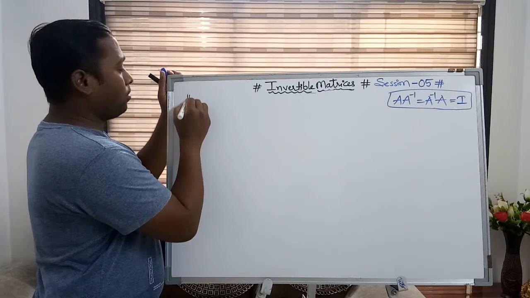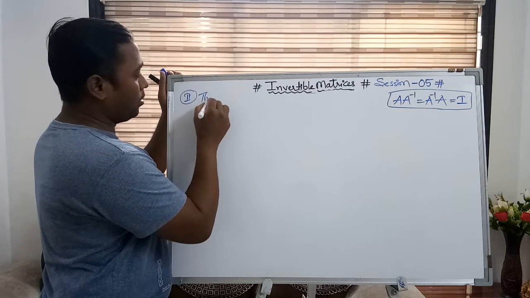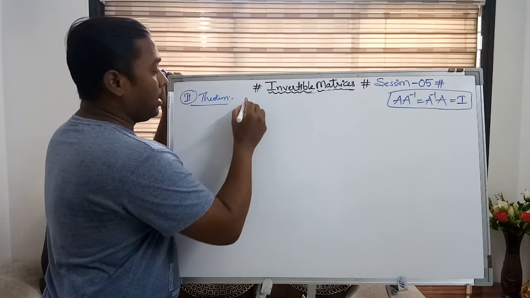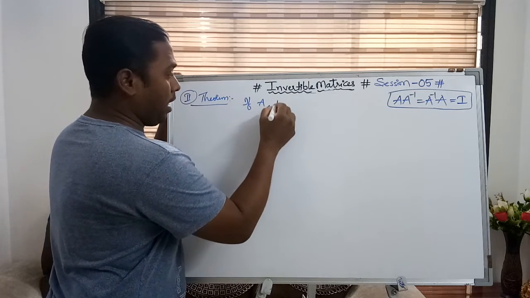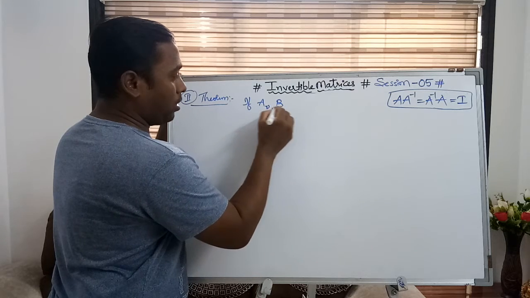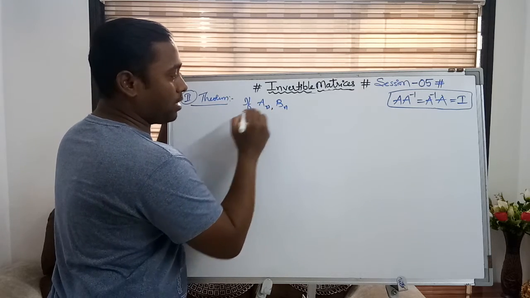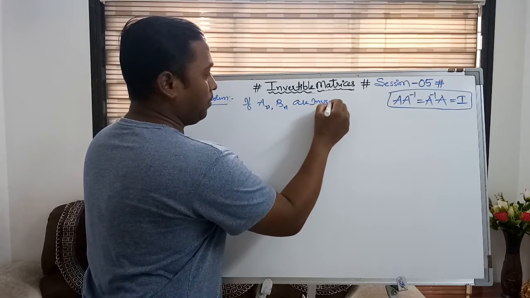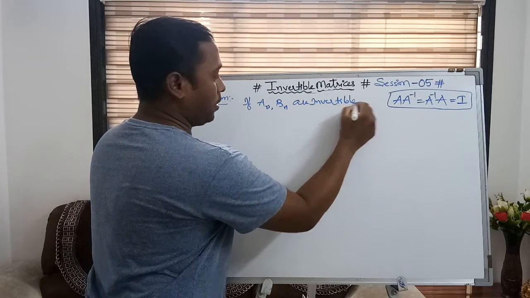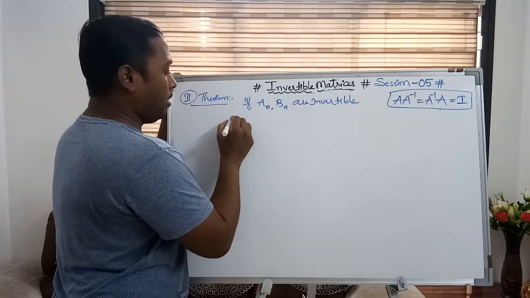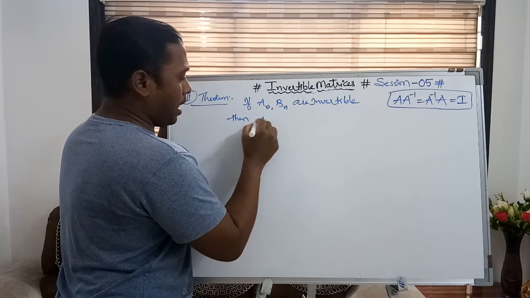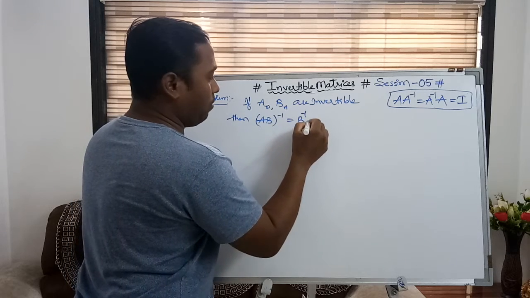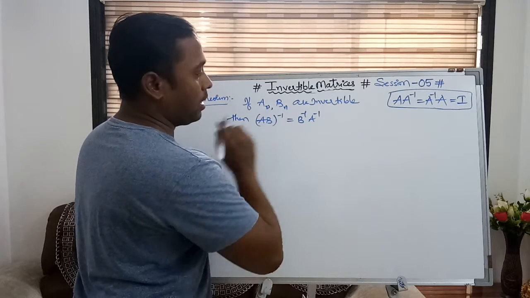Now the second theorem says what? If A and B are square matrices of the same order and are invertible, then AB whole inverse is equal to B inverse into A inverse.